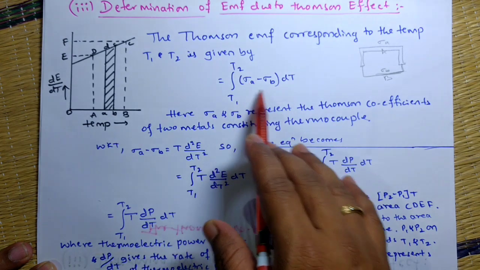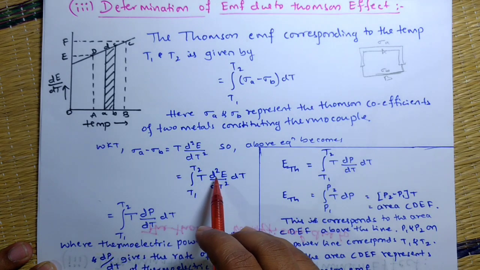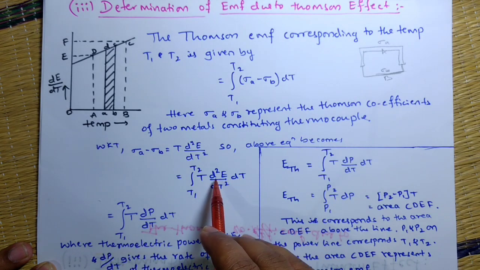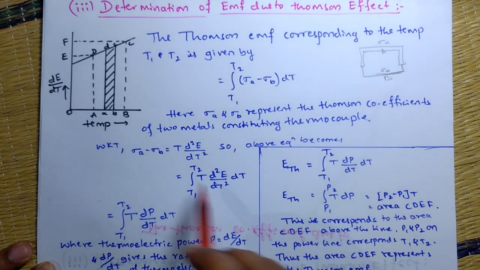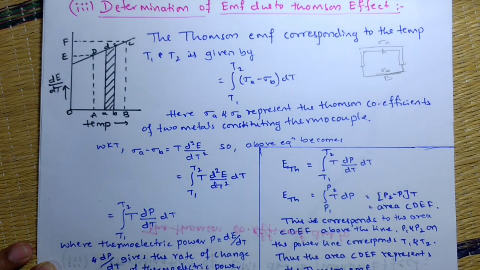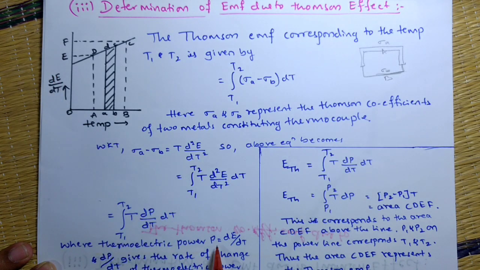So the above equation we can rewrite as the integral from T1 to T2 of T into d squared E/dT squared into dT, right? And we already know that dE/dT is nothing but the thermoelectric power, so we can write it as P. So again we can write this equation as the integral from T1 to T2 of T into dP/dT into dT, right?